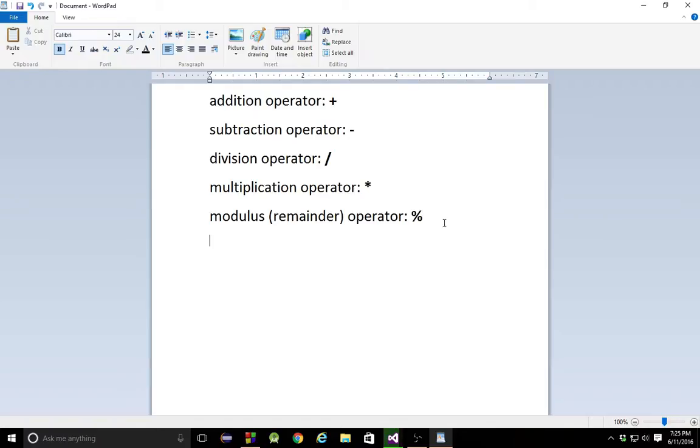And then I also want you to know about a basic operator that we've already used, the assignment operator, which is the equal sign.